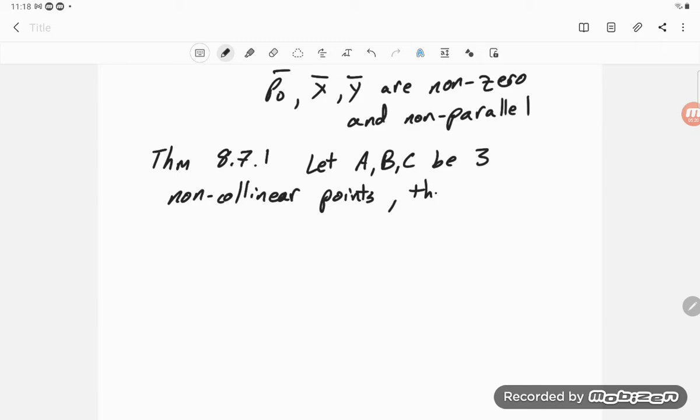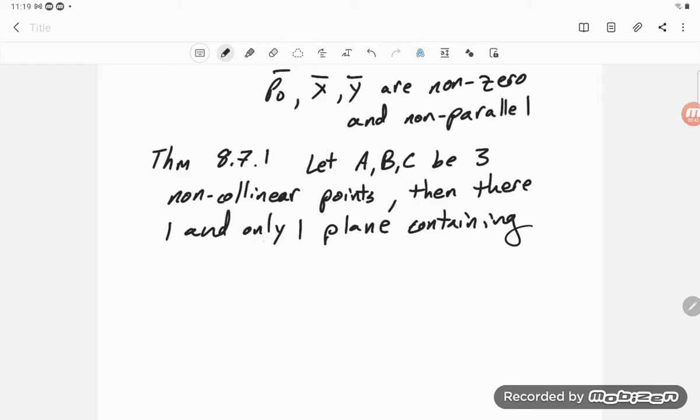Then there is one and only one plane containing these points.